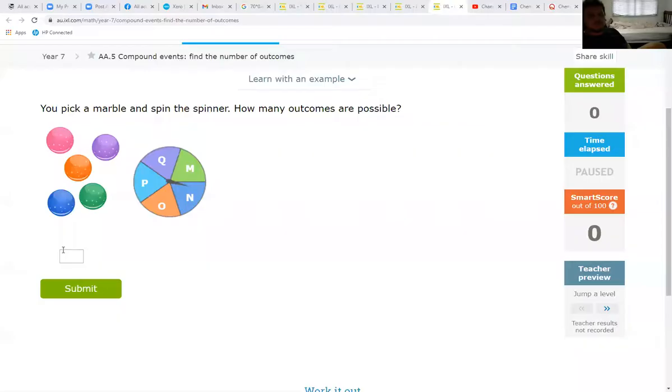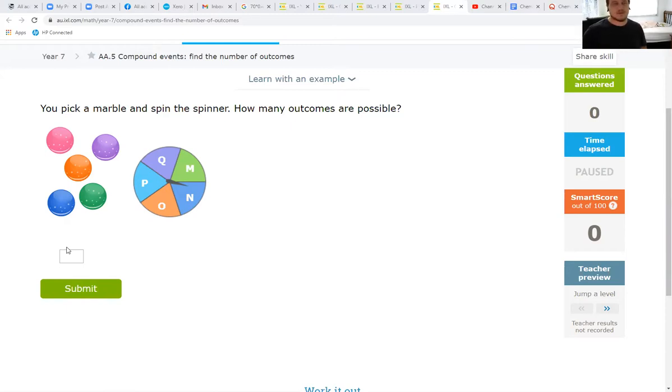And because I'm not going to stand there and draw, I'm going to use these. So if we pick a marble and spin the spinner, how many outcomes are there in total that are possible? So compound events are two things that happen at the same time. We count them together.